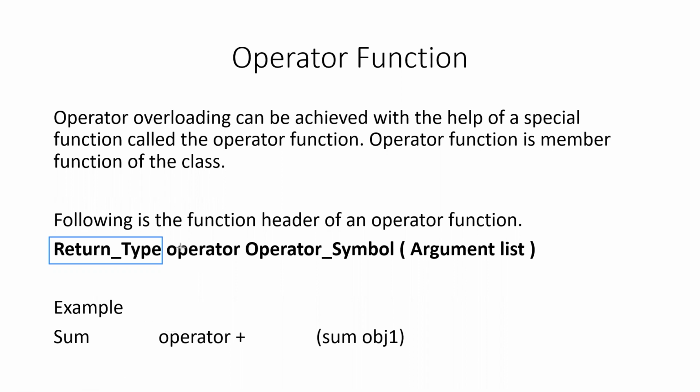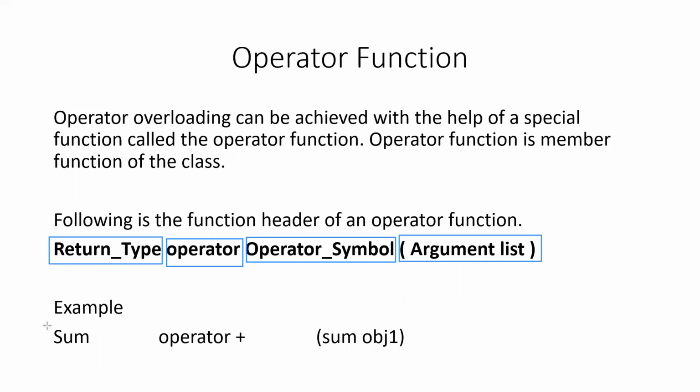After the return type, you use the keyword operator. So the first component is the return type. The second component is the keyword operator. The third component is the operator symbol that you want to overload, for example, the plus symbol, the minus symbol, or the multiplication symbol. And the last is the argument list, the list of arguments that we want to pass to the operator function.